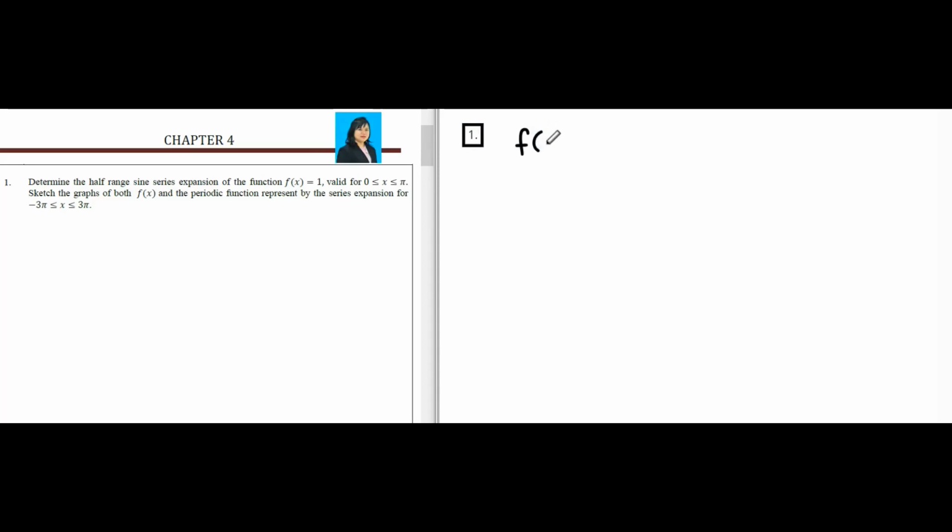The half-range sine series function is given by the formula.